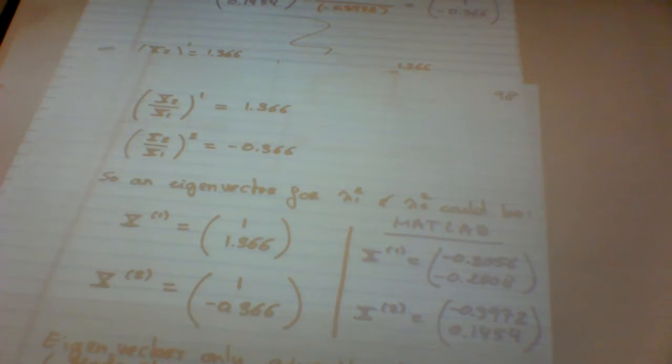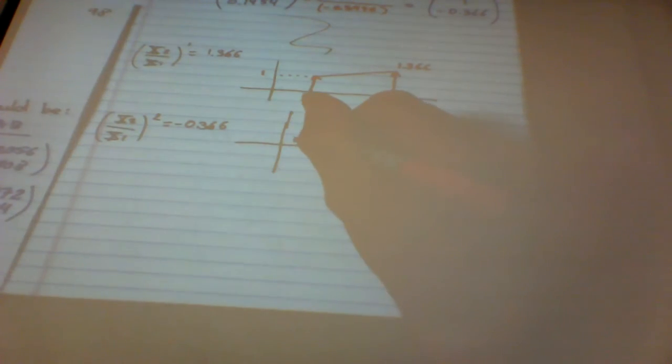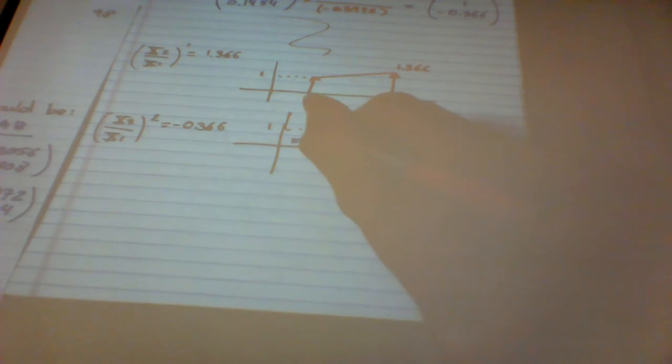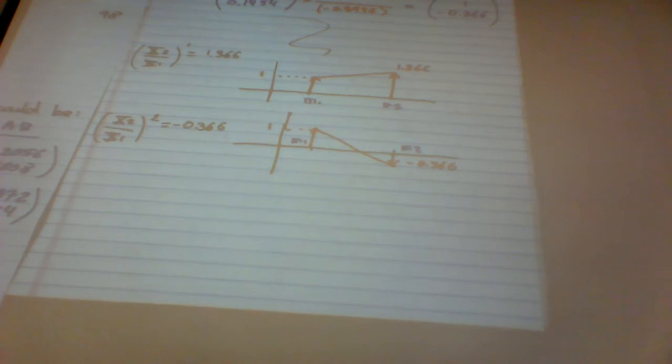If x1 is moving 1, how much is this one going to move? Negative 0.366. So I like to show that they will be moving in the opposite direction, no? Mm-hmm. All right? And that will be the ratio of the displacement. You cannot know how much it is in the real case. Those will depend on what? On the initial conditions. The value of the amplitude, if you want, will depend on the initial conditions.